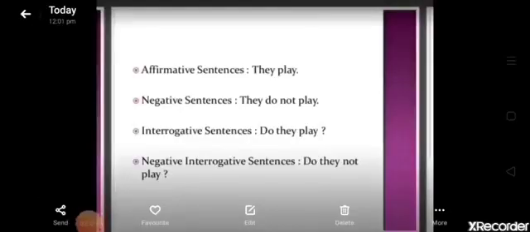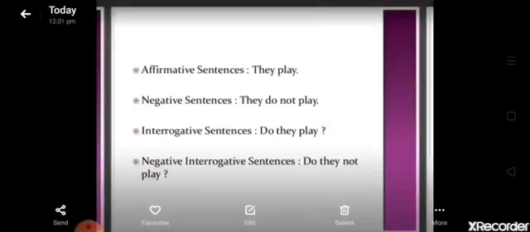Present tense is further divided into four parts: simple present tense, present continuous tense, present perfect tense, and present perfect continuous tense. Now, we will talk more about the simple present tense.